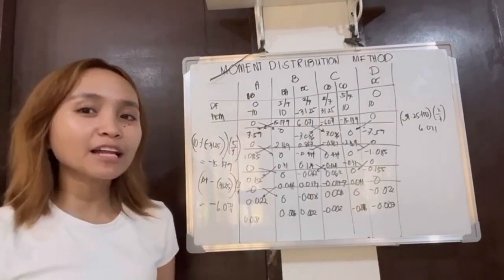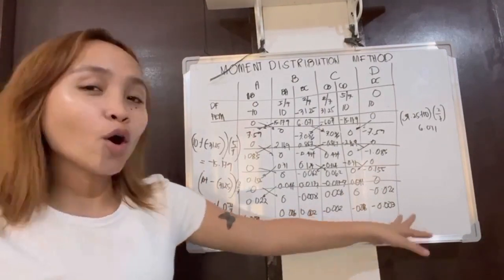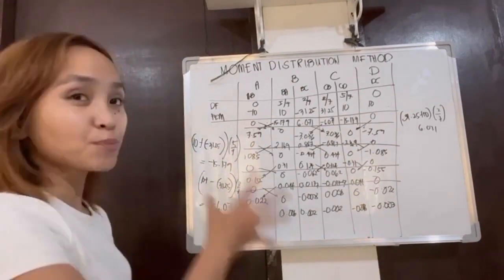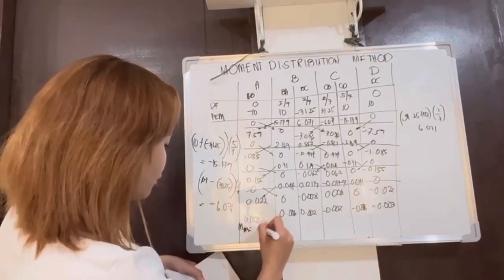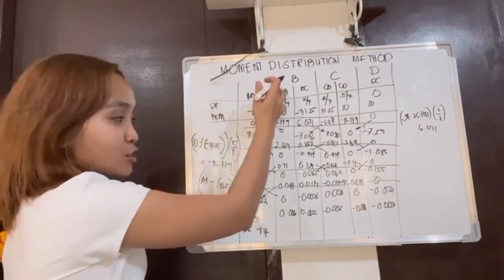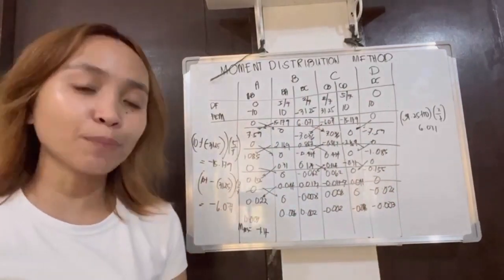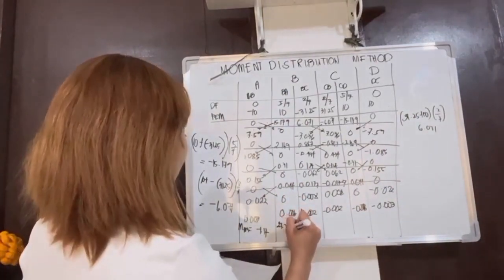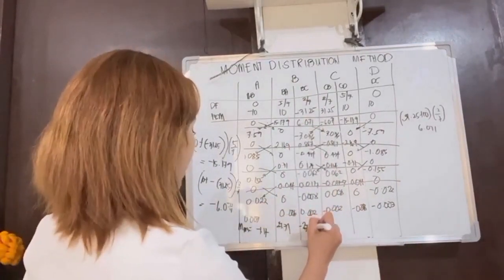So, after getting the values of 0.003, 0.006, and so on, we need to add to get the final moment of each member. So, the moment of AB is equal to negative 1.14. You add column to column. That gives the moment of each member. The moment of BA is 27.71. The moment of BC is negative 27.71.